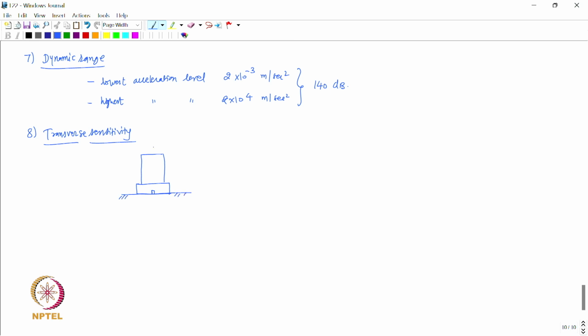This is the main axis of the accelerometer. But if there is also vibration perpendicular to this, then the piezoelectric crystal generates some charge due to this acceleration also, and that is referred to as the transverse sensitivity.